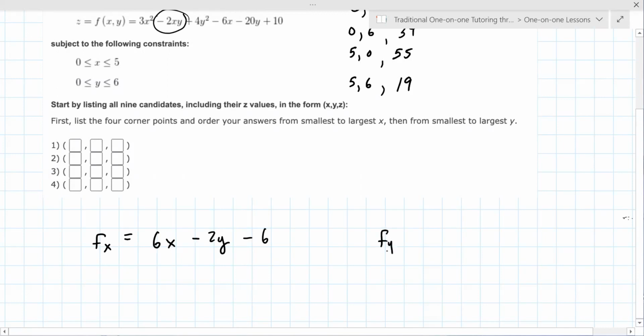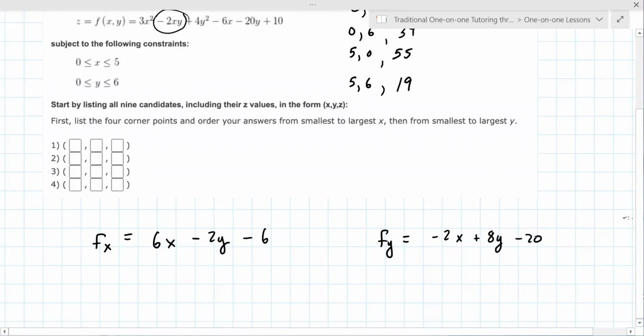And then you similarly need to find the partial derivative with respect to y, which means doing the same thing, except it's with respect to y. So 3x squared has no derivative. Minus 2xy becomes minus 2x plus 8y minus 20.